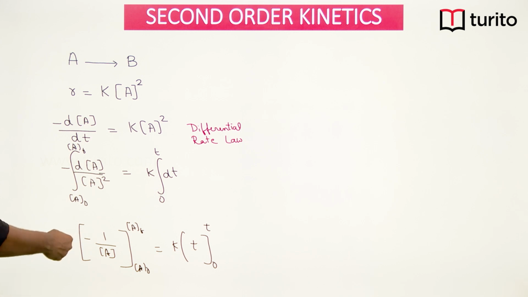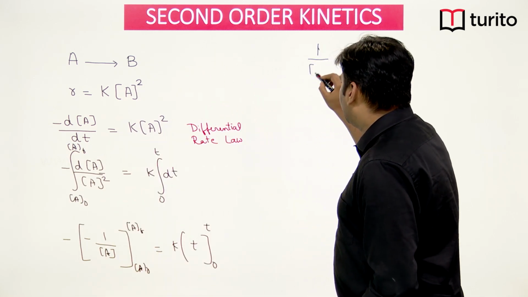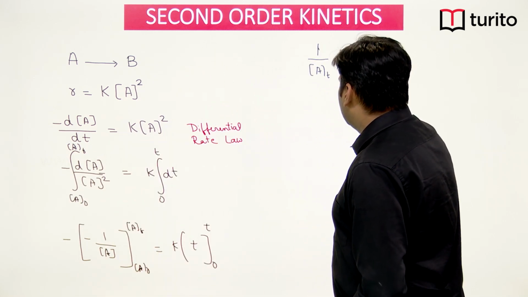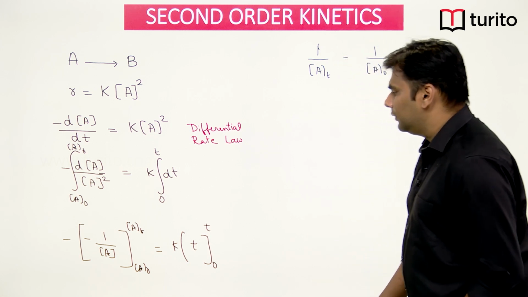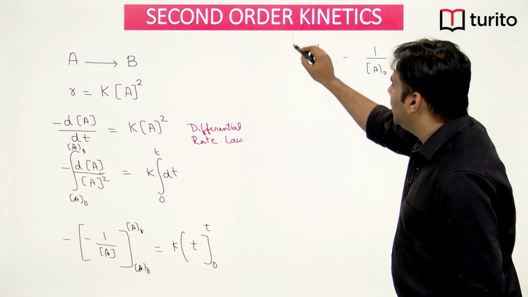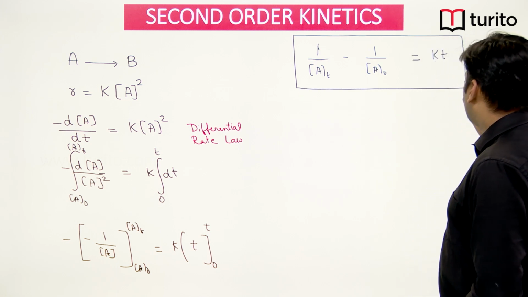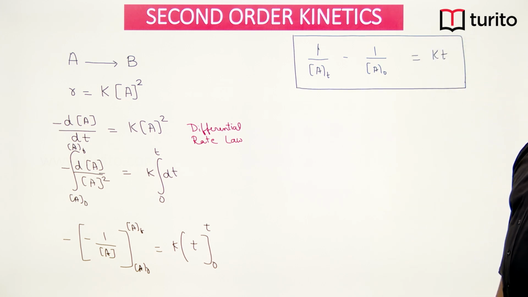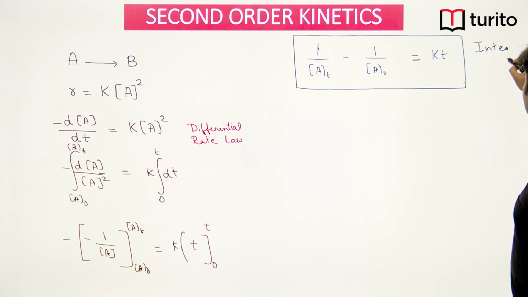If you take this minus outside, the minus minus gets converted into plus. So basically we will have 1 by At minus 1 by A naught equals Kt. This would be the integrated rate law for the second order reaction.